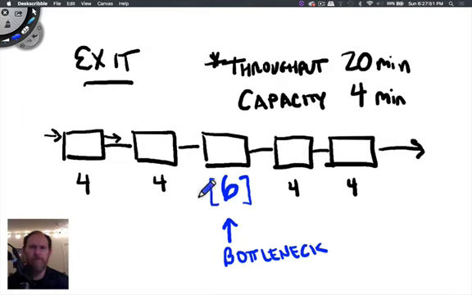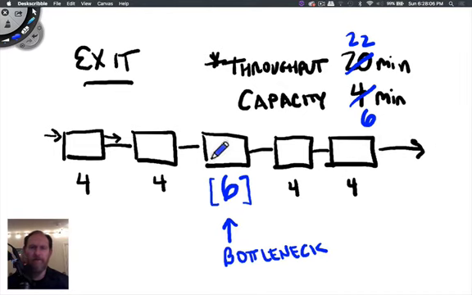So our throughput would change by 2. It would go up to 22. And our capacity would change to 6. That means we would have one item exit the system every 6 minutes.